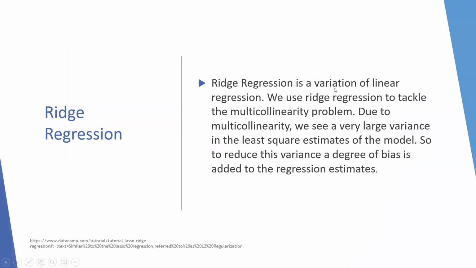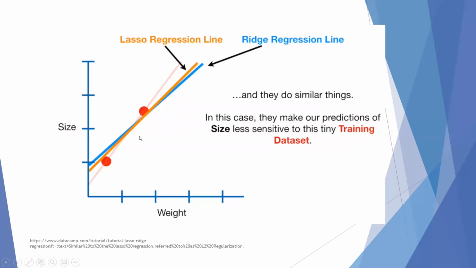Ridge regression is a variation of linear regression, and we use ridge regression to tackle multicollinearity problems. Due to multicollinearity, we see very large variance in the least squares estimate of the model. So to reduce this variance, we use this regression estimate. Like you can see here, there is size and weight.